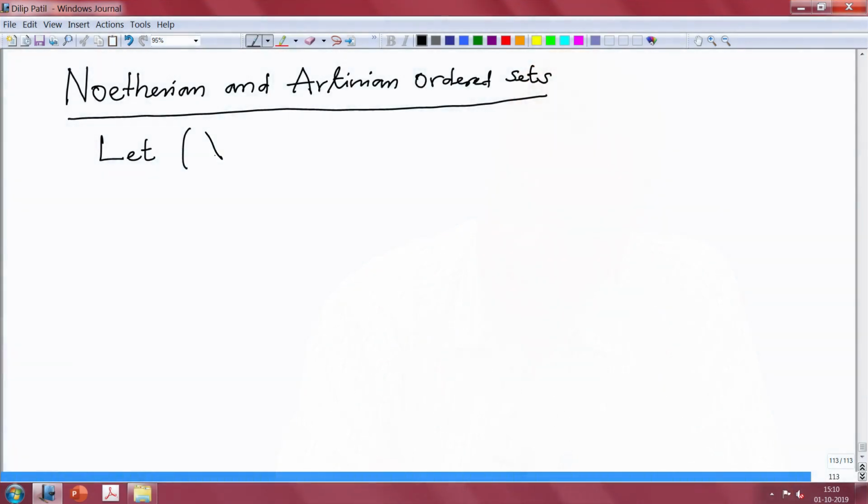Okay, so today our notation is: let x, less equal, be an ordered set. That means this is a relation on x, it is reflexive, antisymmetric and transitive.